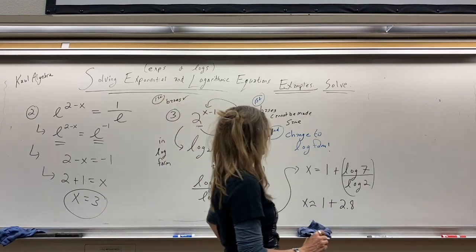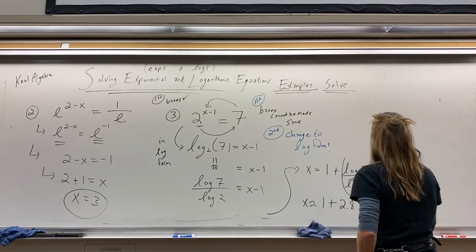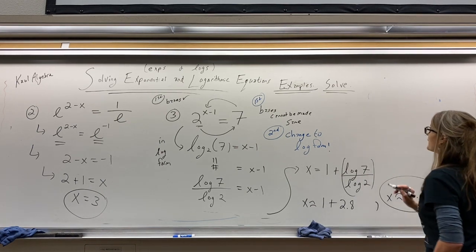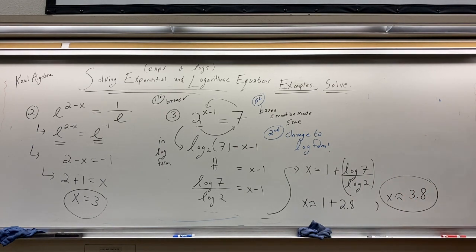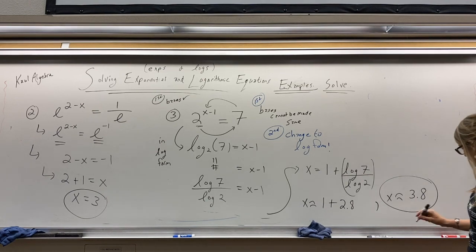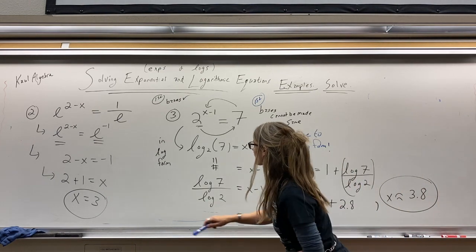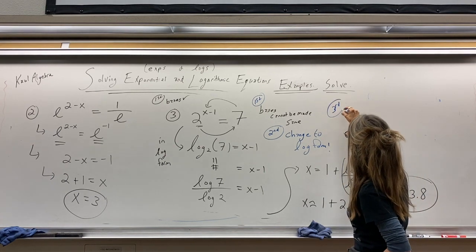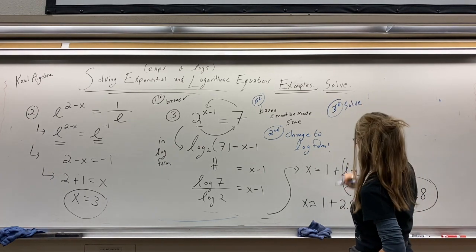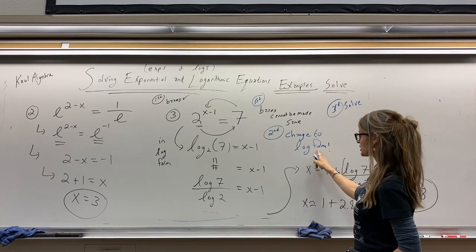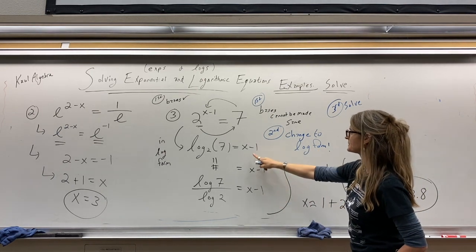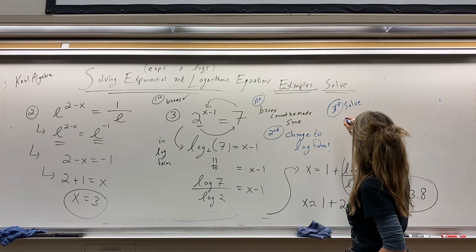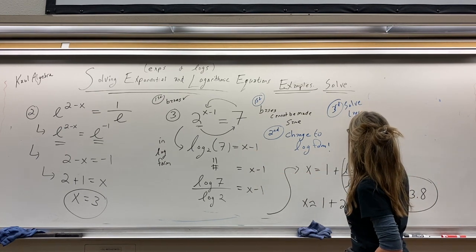So my x value is approximately 3.8, and that would be my final answer. Okay, so I changed to log form, and the third thing I did was solve for x. So when I changed it to log form, that's what I got. And then I slowly solve for x, and you might have to approximate.